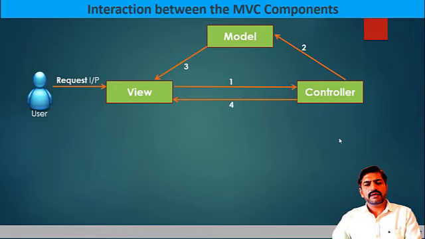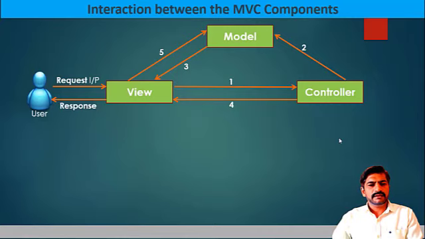If the data is not required for the controller, then it does not communicate with the model and directly sends the response to the view, and the view sends the response to the user. So when the model is updated, the view is also updated.